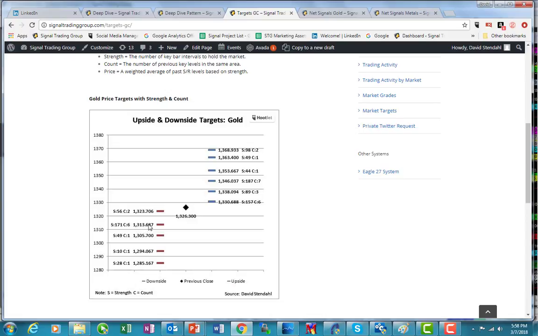We come up with a weighted average across all of those different time frames, and we have a strength of 171. Now that's strong support to the market. The C represents counts. We have 6 separate support levels on those 3 different time frames, and they add up to a strength of 171. Point is that it's finding where there's key support to the market.